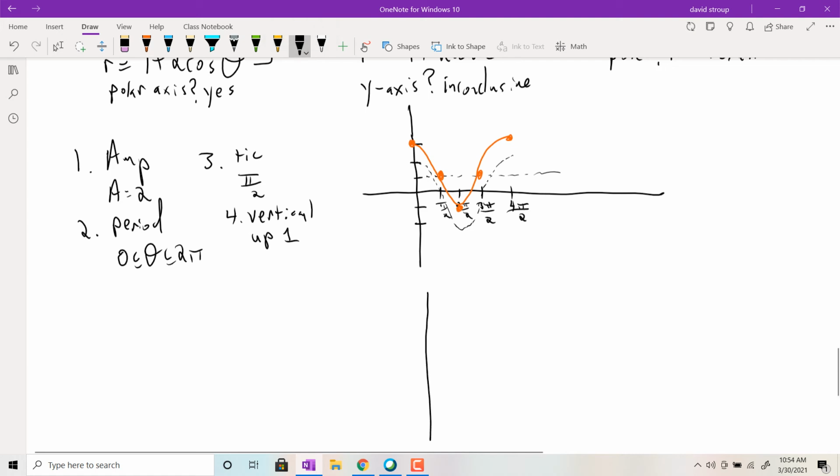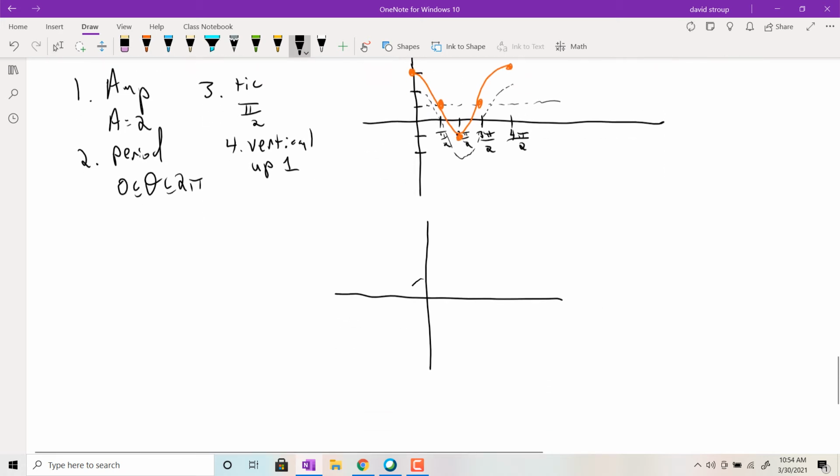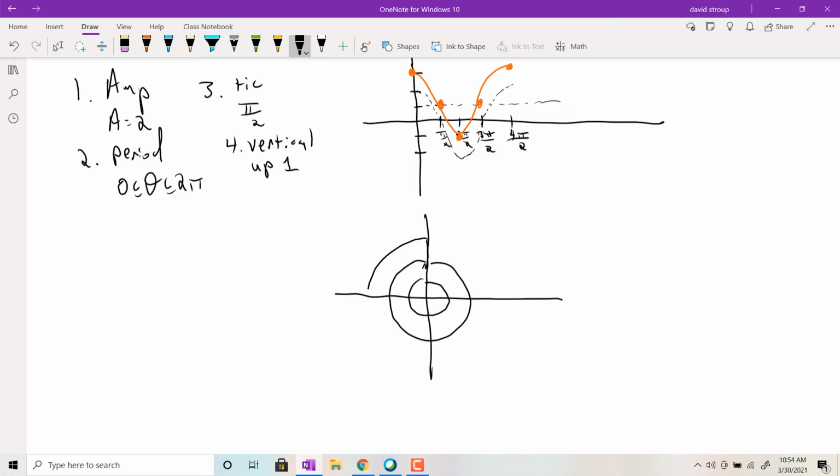So let's go ahead and do that. I need to go out to 3 circles: 1, 2, and then 3. And I can go by pi over 4s again if you wish. So here's 1 pi over 4, rotating like that to pi over 4.